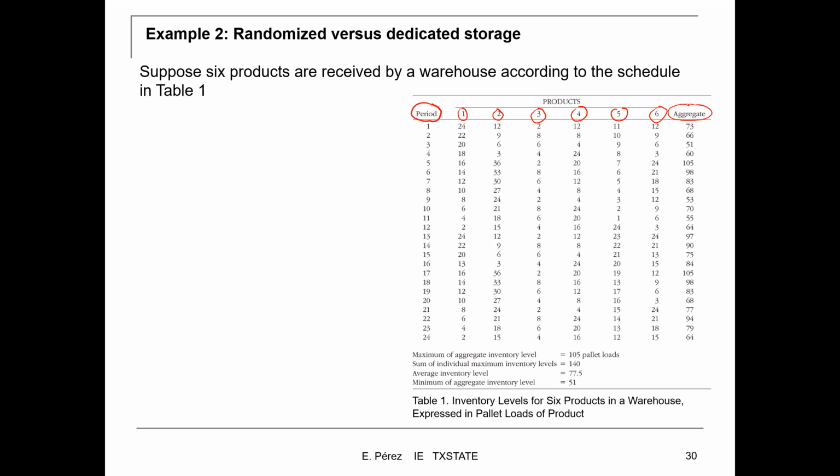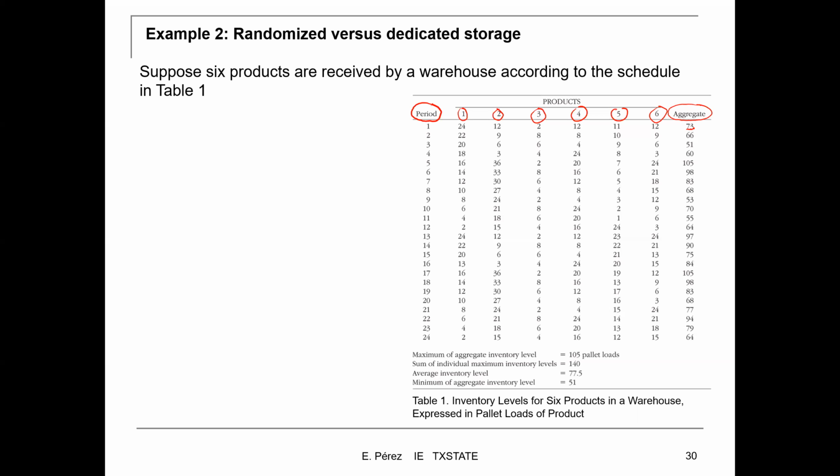So for this first period, we are receiving 24 items for product 1, 12 items for product 2, 2 items for product 3, 12 items for product 4, 11 items for product 5, and 12 items for product 6. So if you sum all those numbers, then the aggregate in terms of the total of items that you receive for all products is 73.